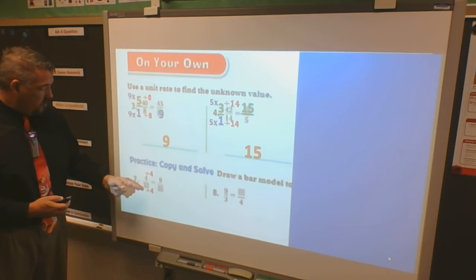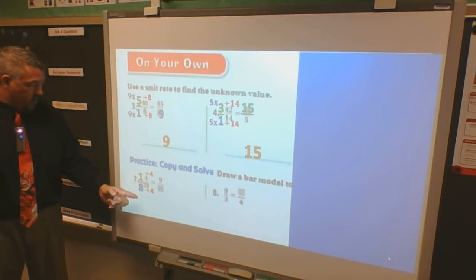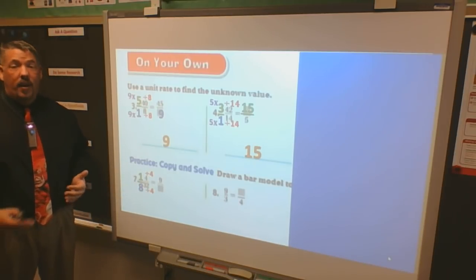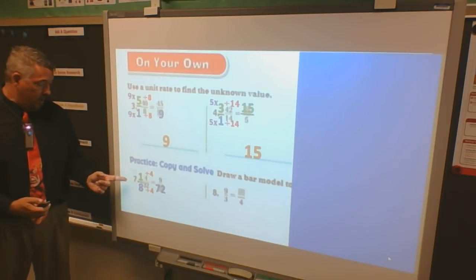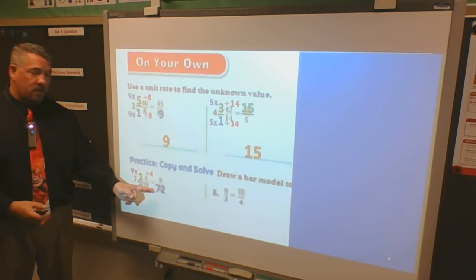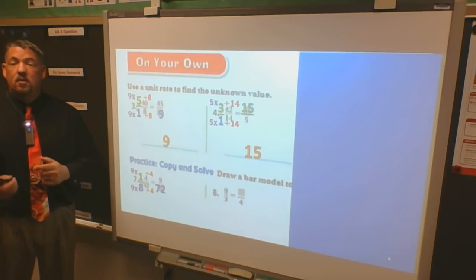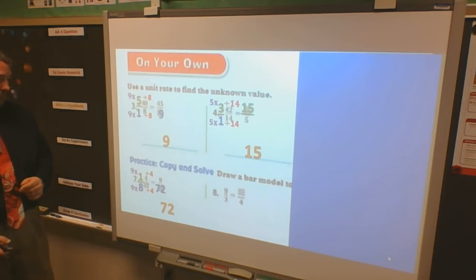So I'm going to reduce by the 4, and 4 goes into 4 one time, and 4 goes into 32 8 times. I need a numerator of 9, so I simply multiply the 1 by 9, which means I have to multiply my denominator by 9, and 9 times 8 is indeed 72. So my missing gray box is equal to 72.